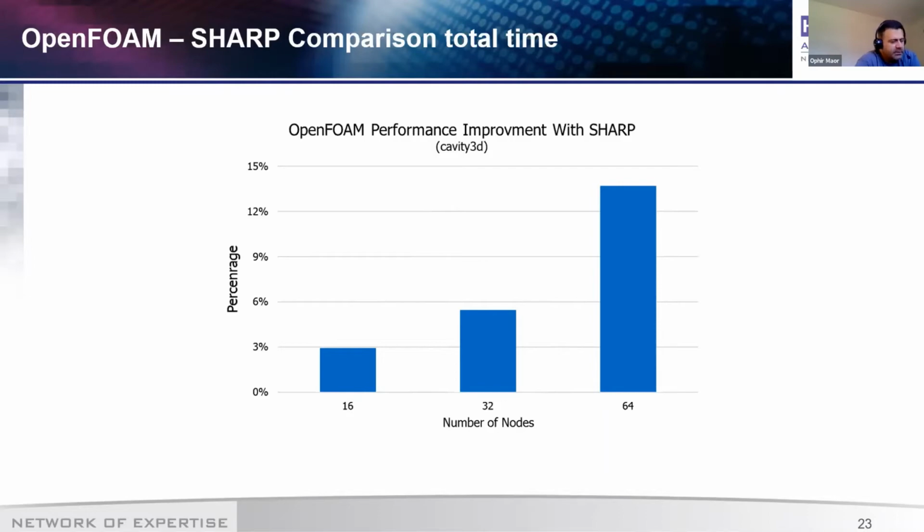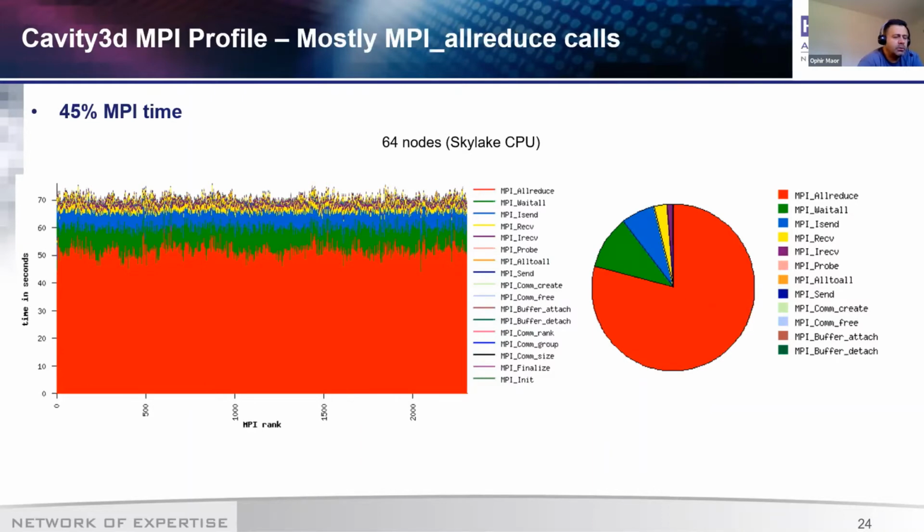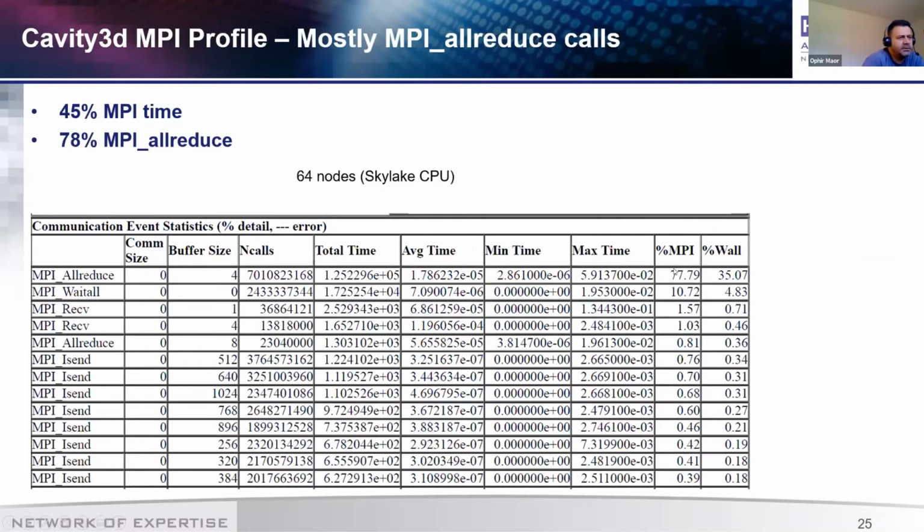And the reason is many of the calls in this profile of the communication are all reduce calls. You see, MPI all reduce is the red. So in this case, it was 64 nodes, almost 78% of the MPI calls are all reduce.